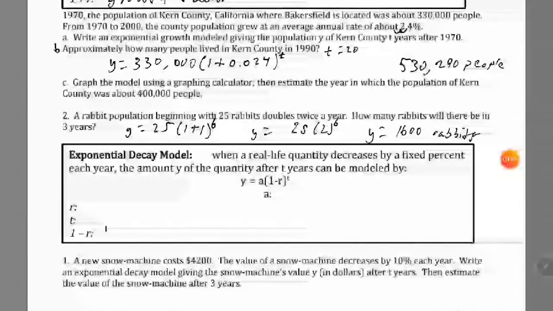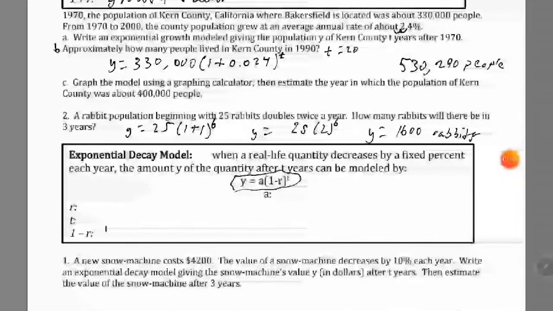Alright, next. Exponential decay usually has to do with depreciation. Depreciation is where you buy something and then it goes down in value over time as you keep it, which is usually like cars and vehicles. It's represented by basically the same formula, but instead of 1 plus r, it's 1 minus r.